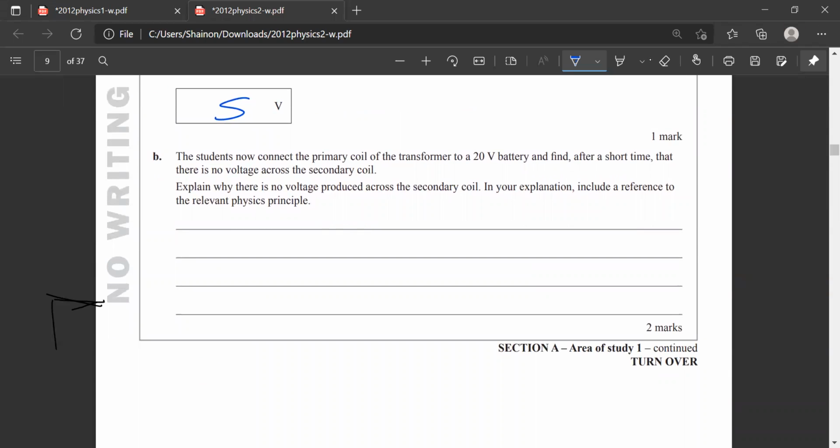To a 20 volt. So this is for DC, 20 V is for DC. We use VRMS for AC. That's why it's not working.